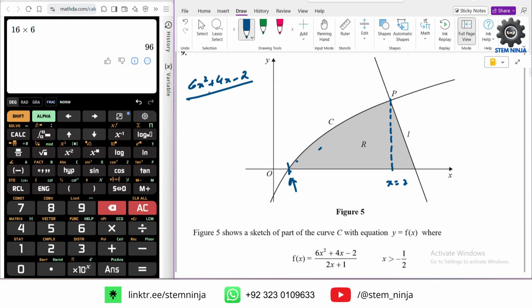Okay, this would become 3x squared plus 2x minus 1 equal to 0. So this is going to be easy. Minus 1, 2x, 3x squared, minus 1 plus 1.